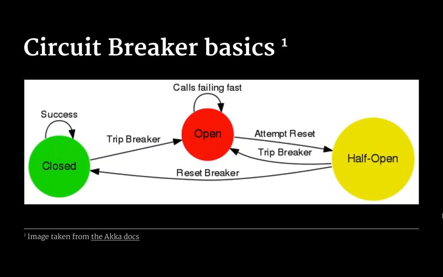We're like, okay, let's give this just one attempt to see what happens. If that one attempt succeeds, we go back to closed and everything is good, we're back to normal. But if that one call fails, we go back to open. So we could potentially be bouncing back between half open and open if the thing on the other end of the circuit breaker is never responding in a timely manner.